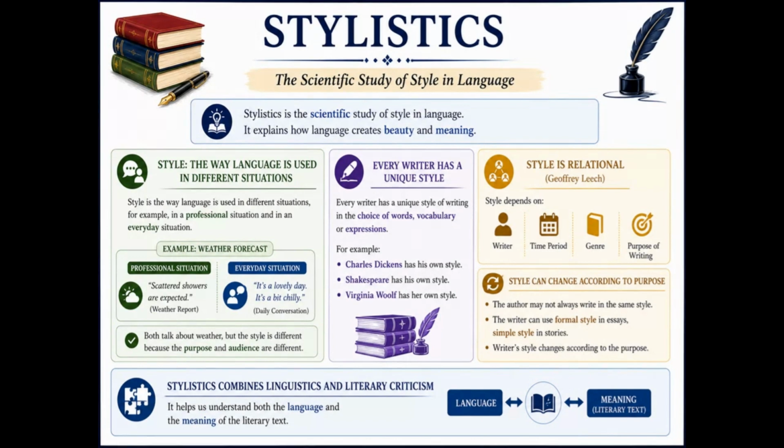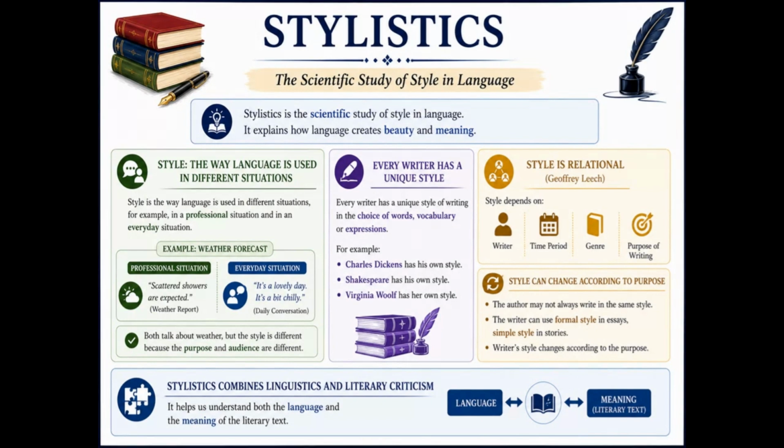For example, the professional expression of a weather forecast says, scattered showers are expected, while in everyday language, the personal expression says, it is a lovely day, or it's a bit chilly. Both talk about weather, but the style is different because the purpose and the audience are different.